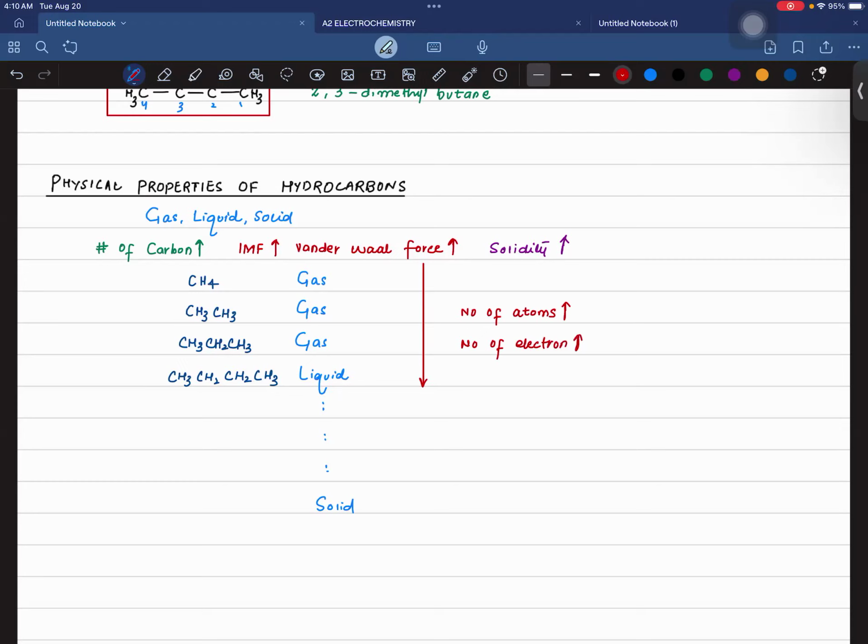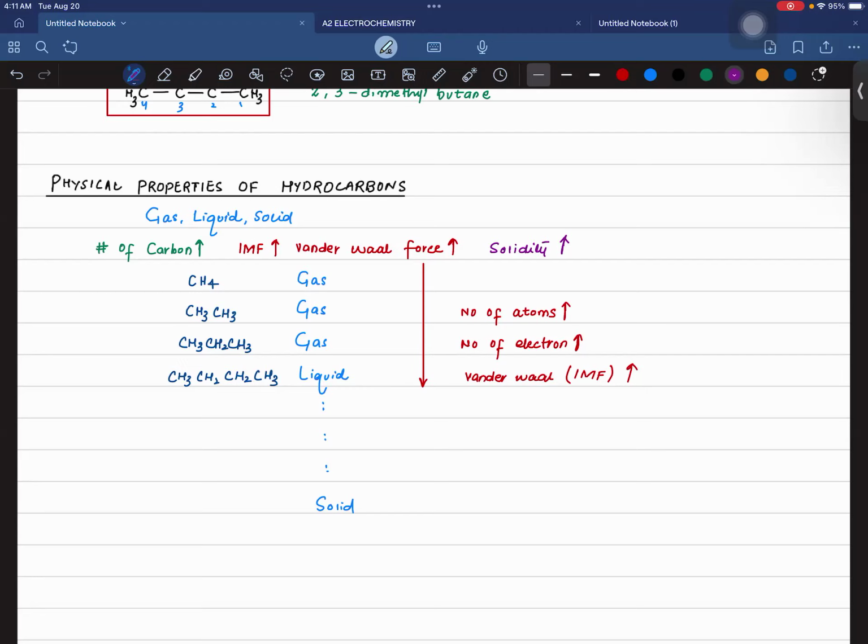When the number of electrons increases, van der Waals force, which is a type of intermolecular force, increases. So the thing becomes liquid; gases have a weaker force of attraction and liquids have a stronger force of attraction, right? Then the examiner would give you two or more hydrocarbons and ask you to do a comparison between these two.